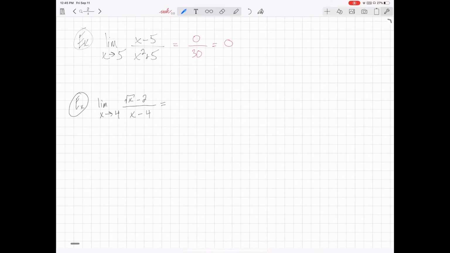So if you get 0 over a number, that is just equal to 0. If you get a number over 0, the limit doesn't exist. Okay, so that limit value is just 0.